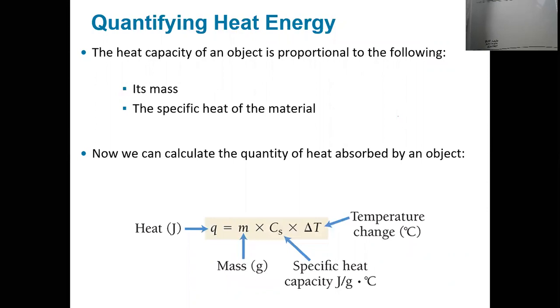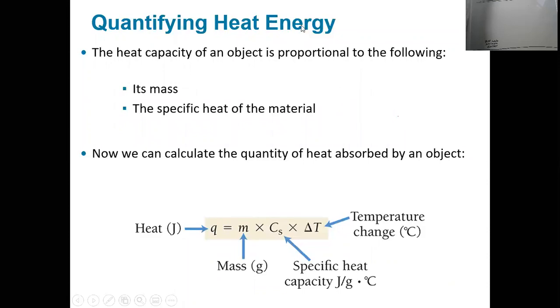Right? We are going to use the specific heat capacity of an object to help us figure out how much heat is being released or absorbed by a certain material, okay? The relationship between heat and specific heat capacity is this relationship down here.